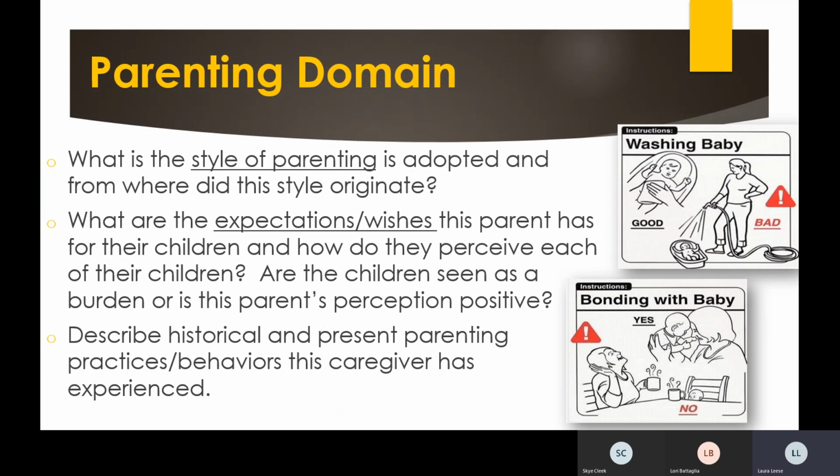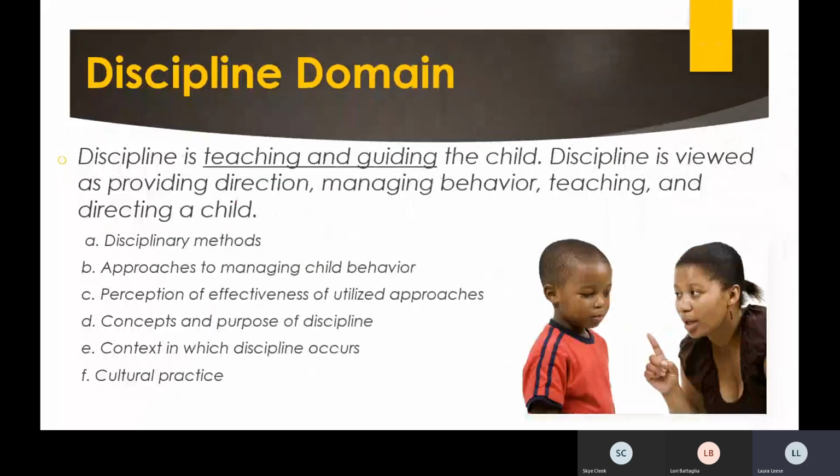Now, I'm going to briefly move forward to the next one, and I may toggle back and forth very briefly, just to let you know that the last domain is called the discipline domain. Now, in the family functioning assessment, you're also going to see the discipline and the parenting domain linked together.